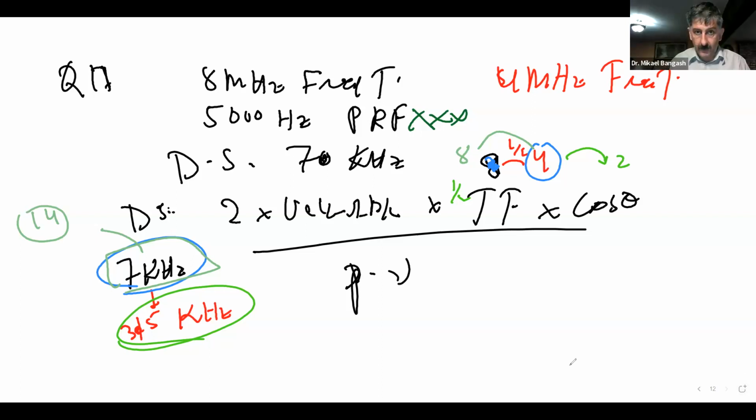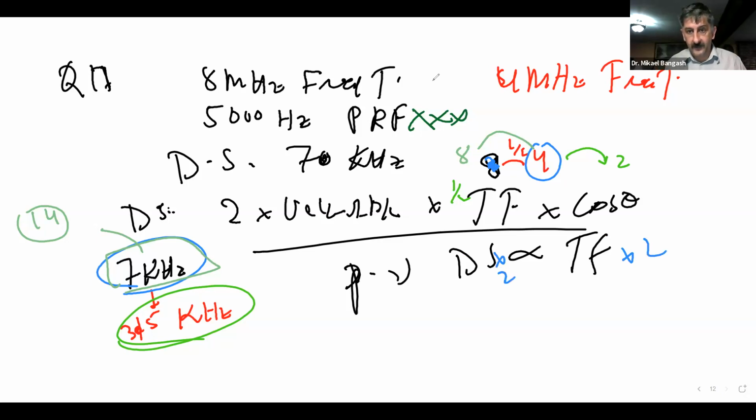So mainly, the Doppler shift is directly proportional to the transducer's frequency. So you can say if this doubles, then this doubles.